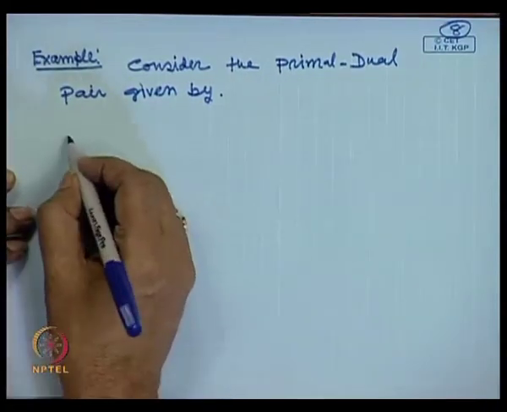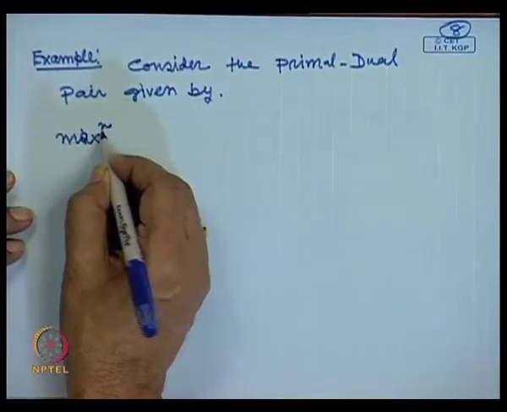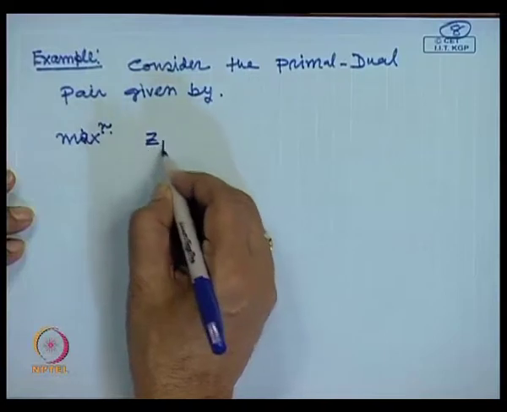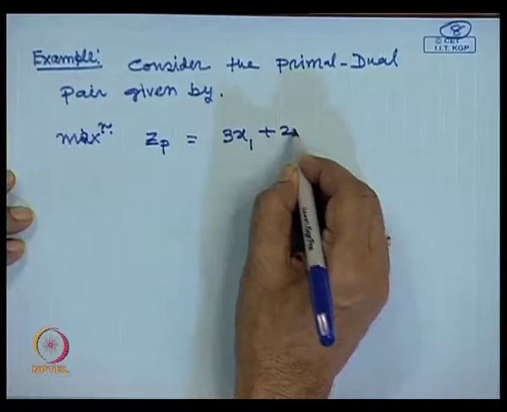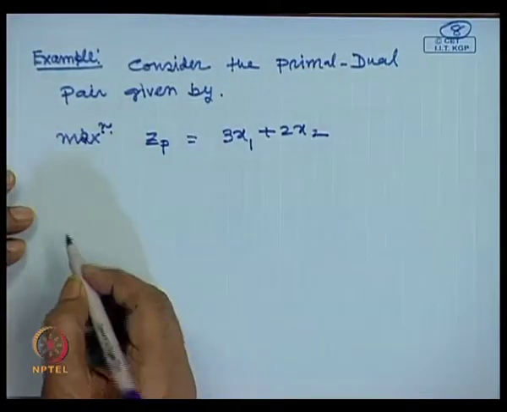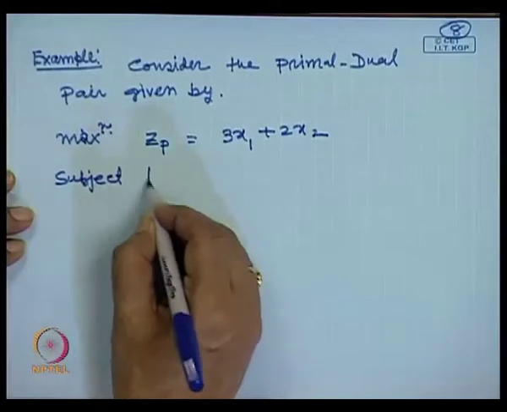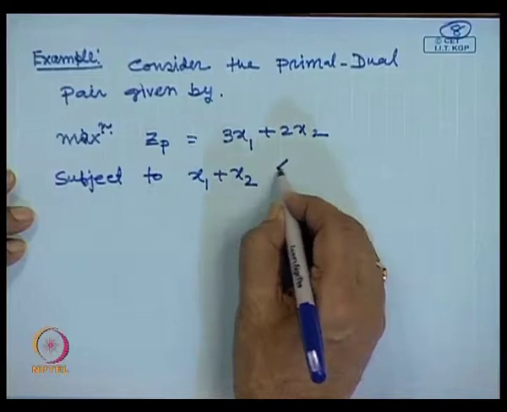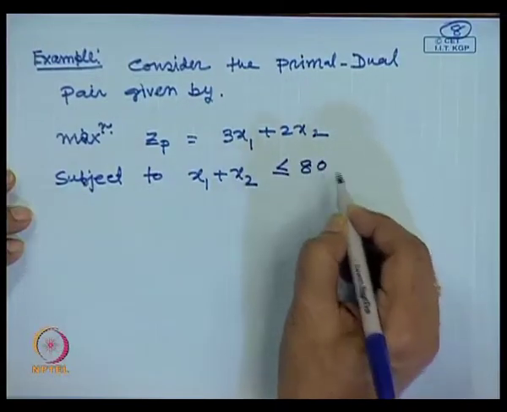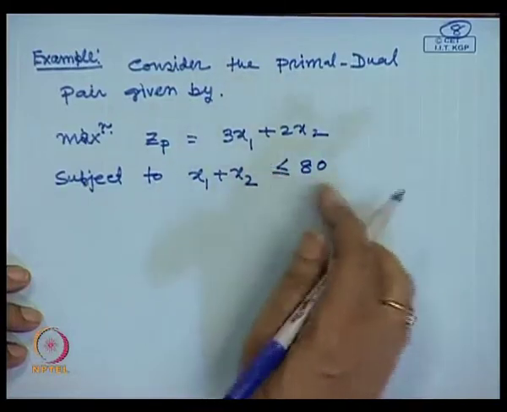So, let us call our primal problem: maximize Z of p equals 3 x 1 plus 2 x 2, subject to x 1 plus x 2 less than or equal to 80. So, this is an inequality constraint of this type.